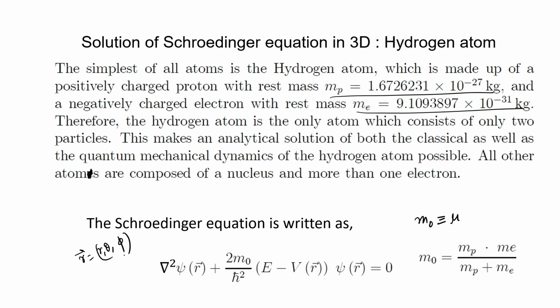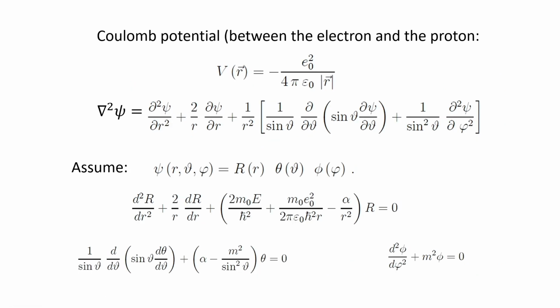And r is the radial variable, theta is the angular variable or the polar variable, and phi is the azimuthal variable. And what is V of r here? In this particular case it is simply e square, because the proton has a charge e and the electron has a charge minus e.